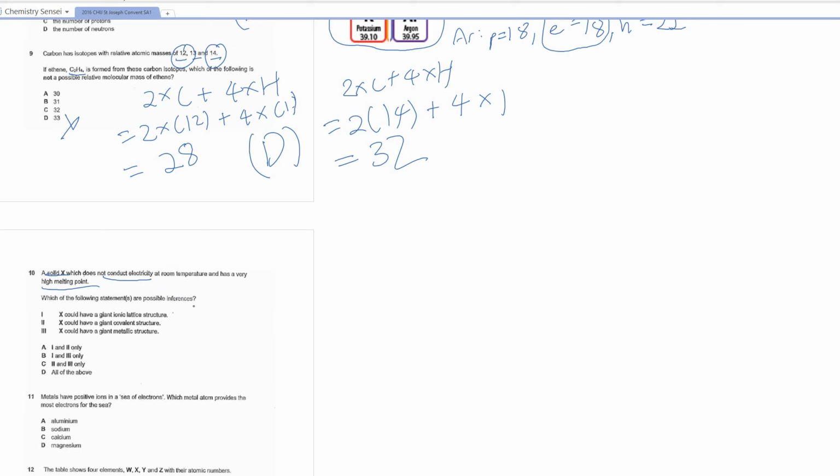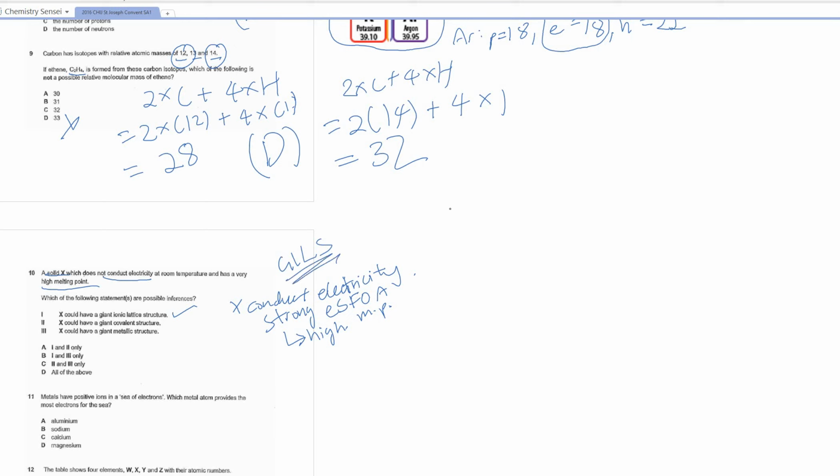This is correct because giant ionic lattice structure does not conduct electricity in the solid state, and because it has strong electrostatic forces of attraction between its particles, it has high melting point. This is for giant ionic lattice structure.